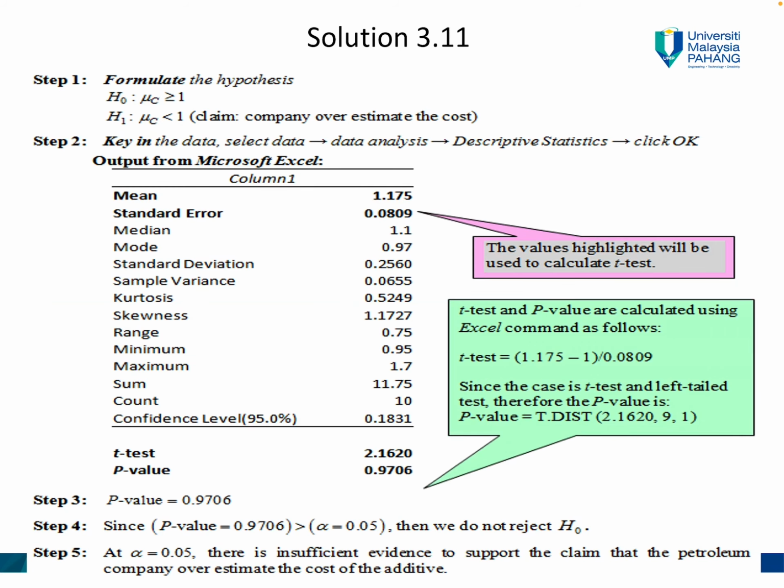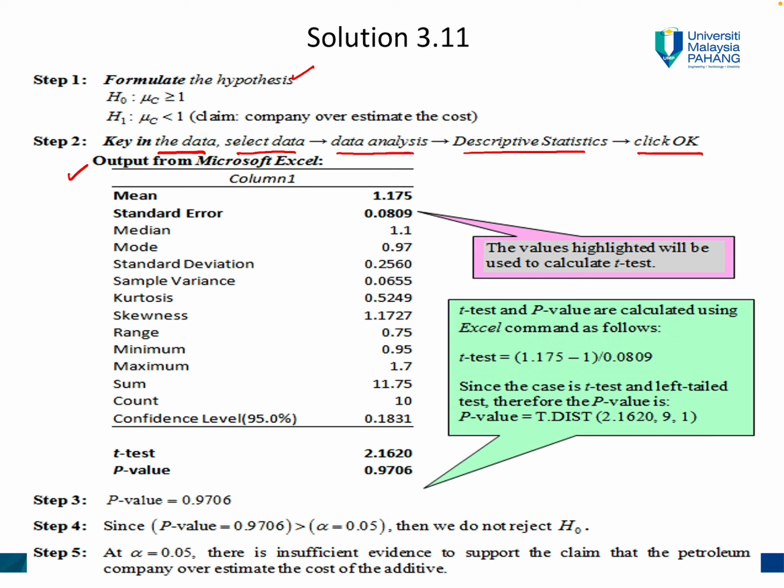So let's look at the solution. First, you have to conduct the Excel. Okay, how to conduct the Excel? First, you must formulate the hypothesis. So for the hypothesis, I will not repeat again. You have to know by now how to formulate the hypothesis. And then step number 2, key in the data, select the data, go to data analysis, choose descriptive statistics, click OK, like in your chapter 1. So you will have this output. Right.